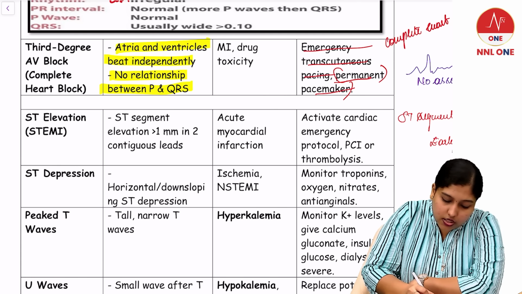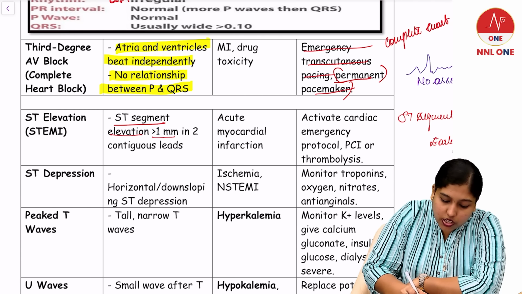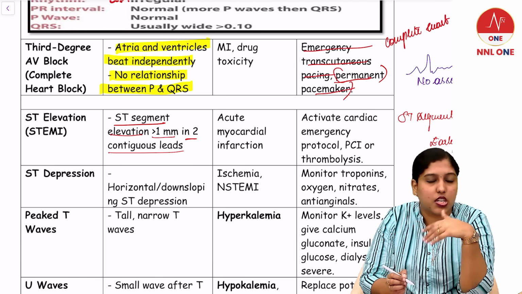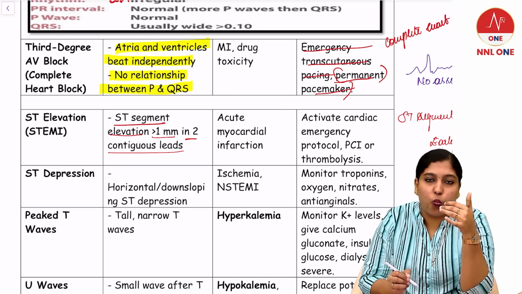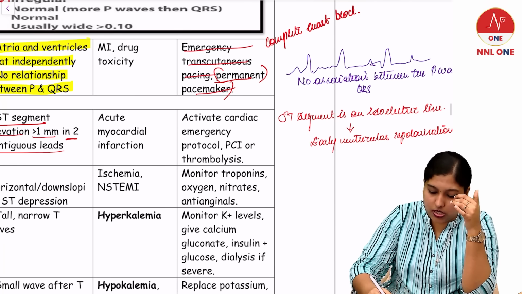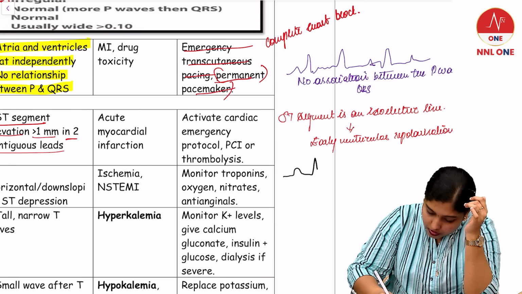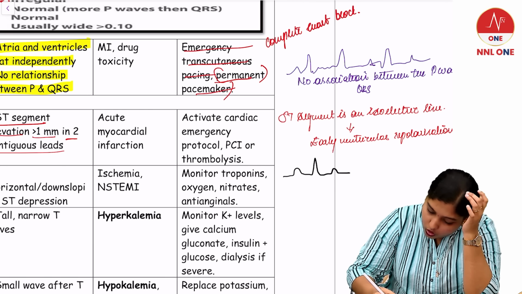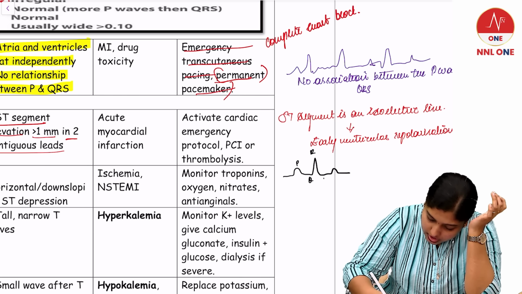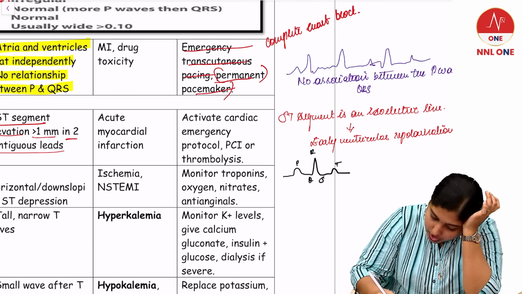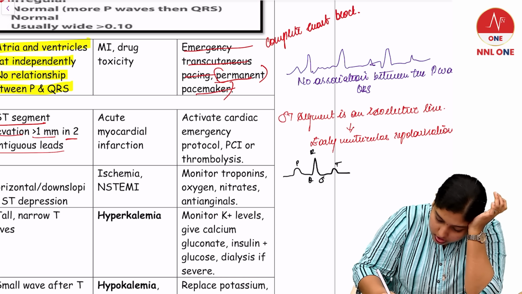When there is an ST segment elevation greater than 1 mm in two contiguous leads, there is an elevation of more than 1 mm in two contiguous leads. Okay, so this is your P wave, this is your Q or S, and this is your T wave, and note this is your ST segment.